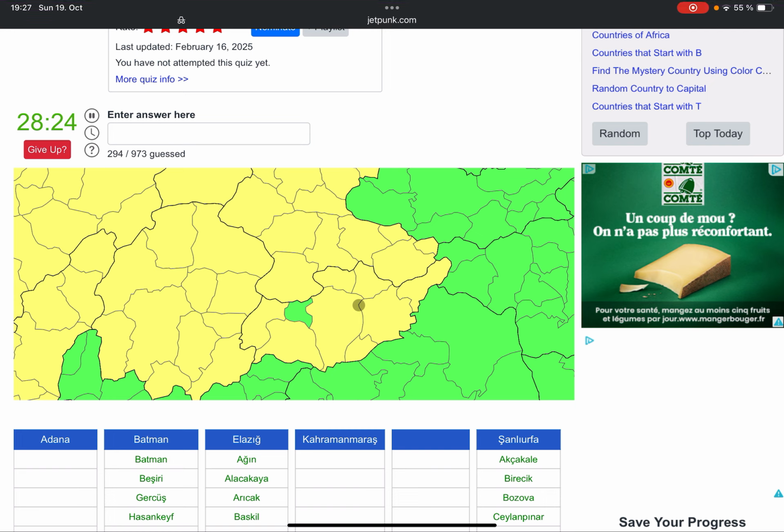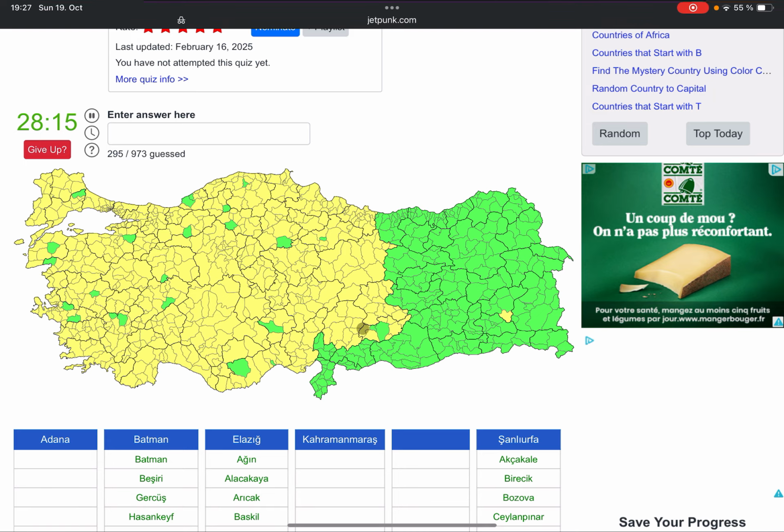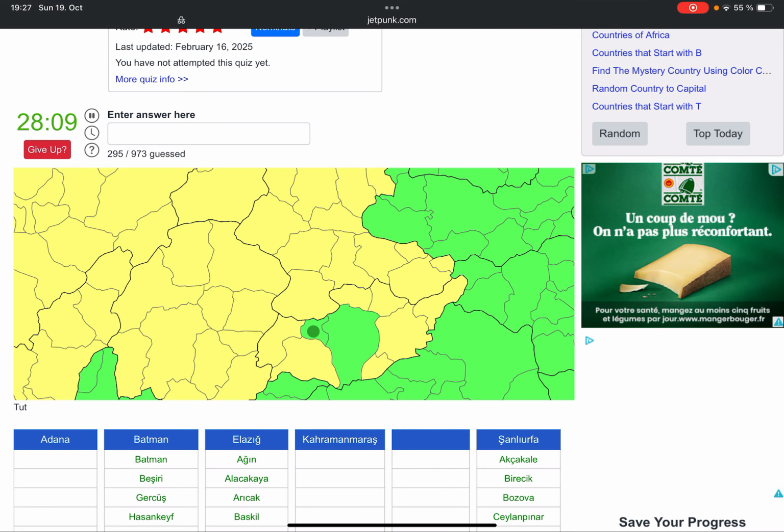Let's jump over here. Here we have Adıyaman. By the way, we already named Tut when we tried to spell the district of Tutak over there in Ağrı province. So that's why Tut is already green.